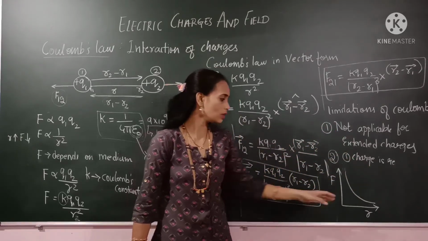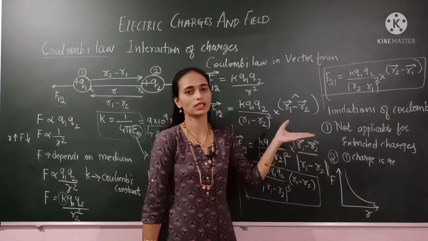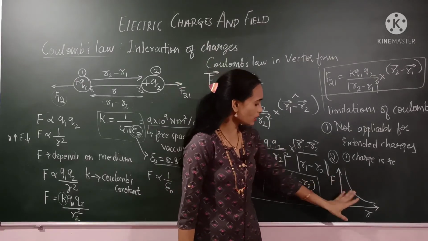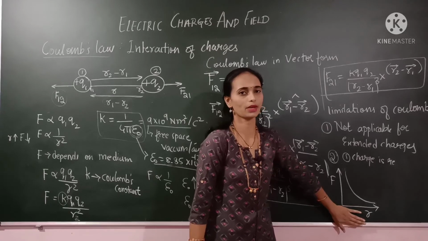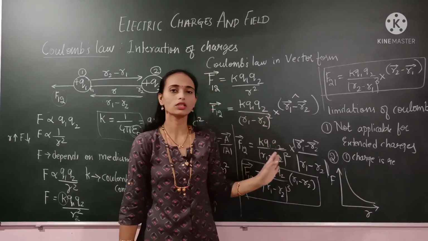When you make the distance half, the force increases 4 times. So this is the relation between the force and the distance of separation. Both are inversely proportional. So this is all about Coulomb's law.